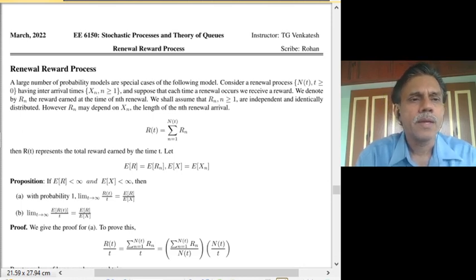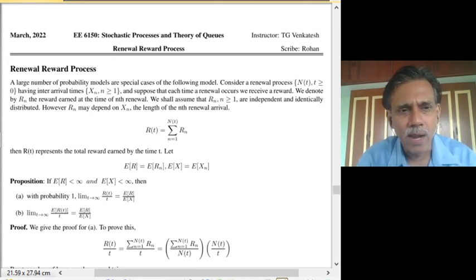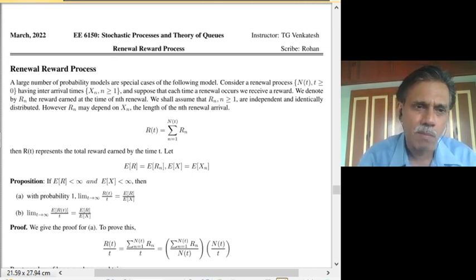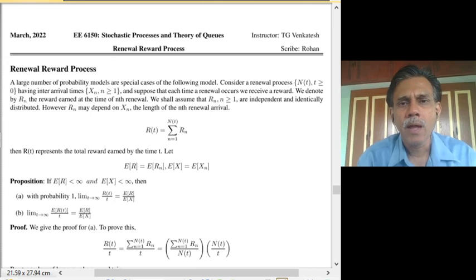So, here we have a large number of probabilistic models wherein whenever a renewal cycle happens, as a part of it we get some benefit, or we will call it a reward. Sometimes it can be viewed as a cost, sometimes it can be viewed as a penalty, and that is depending upon the perception.